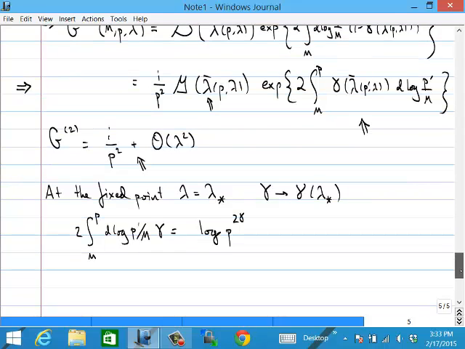So when you exponentiate it, what you find is that the 2-point function has 1 over p squared out front, but you now have a correction term, which is equal to 2 gamma. So you get 1 over p squared minus 2 gamma.